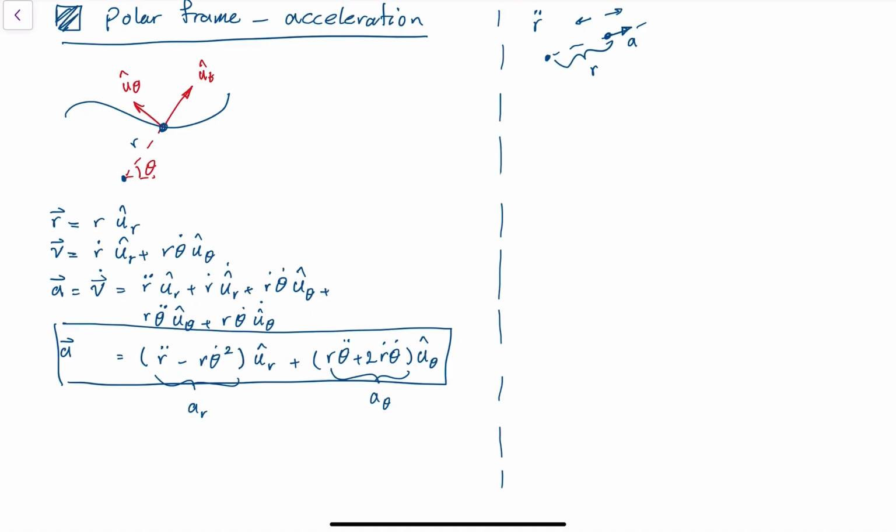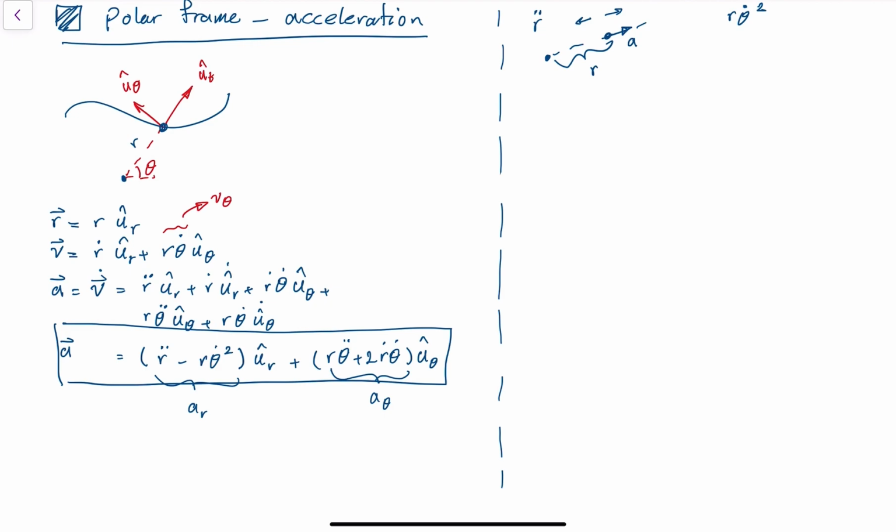The second term is r theta dot squared. Let me bring your attention back to here. r theta dot was the transverse component of velocity.